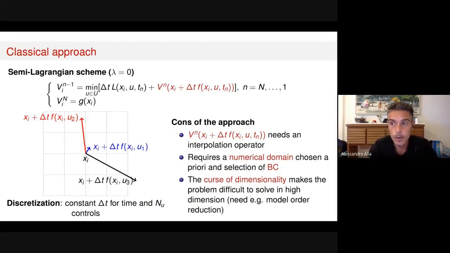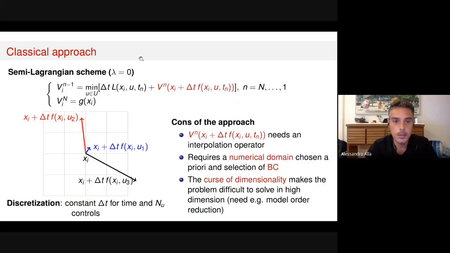Imagine that we have, let's say, 0, 1 as a domain in dimension 10. We use 10 points in each dimension. We get 10 to the 10 points to discretize this problem. So this is basically unfeasible. So one problem with this method, this discretization, is the curse of dimensionality.